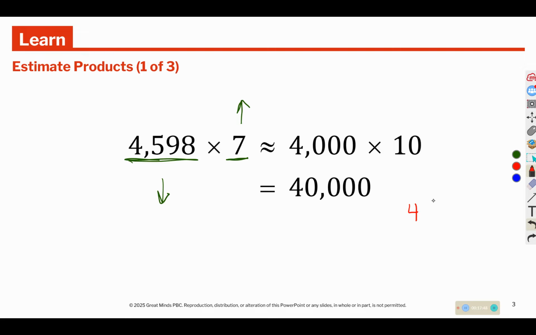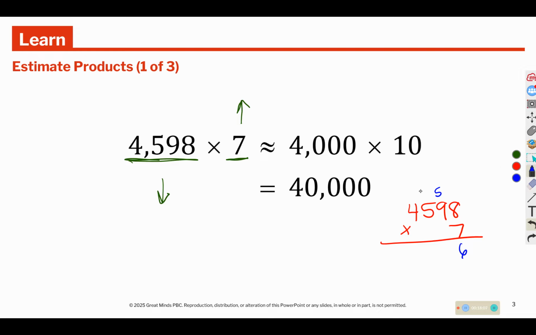We have 4,598 times 7. 7 times 8 is 56. 9 times 7 is 63.